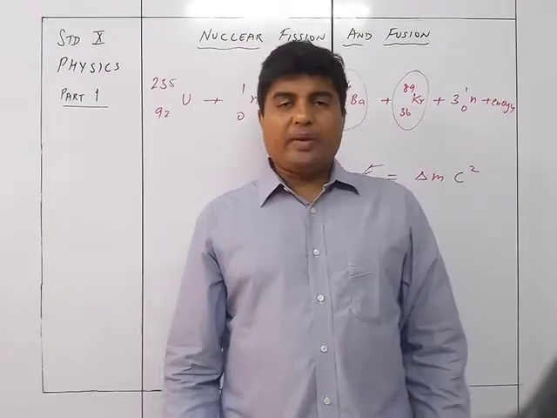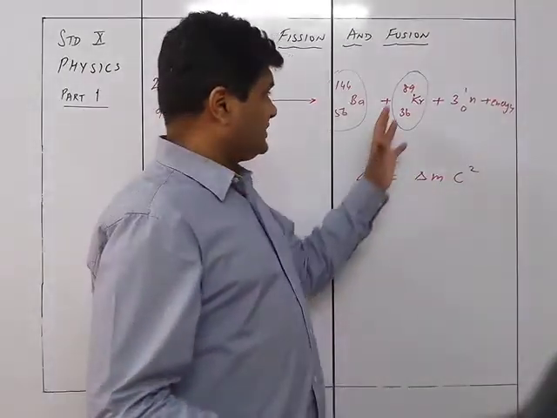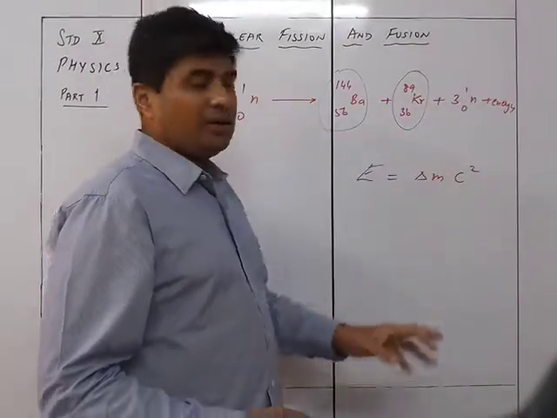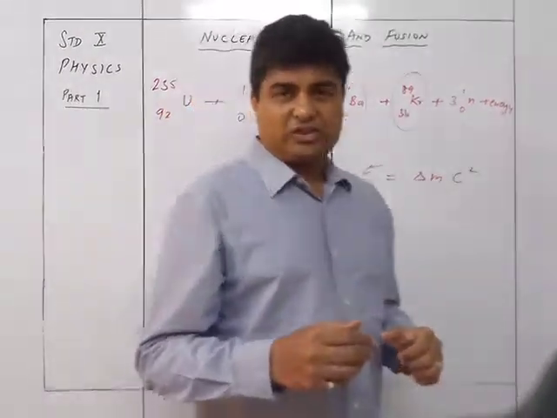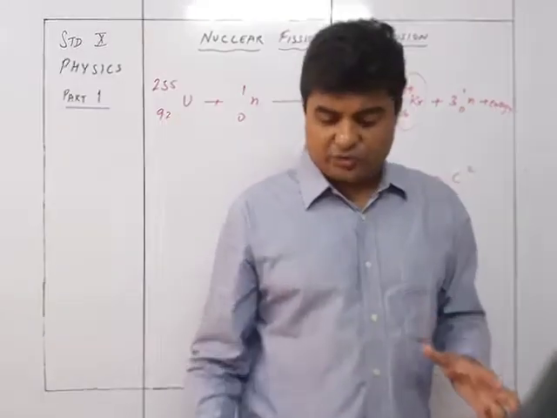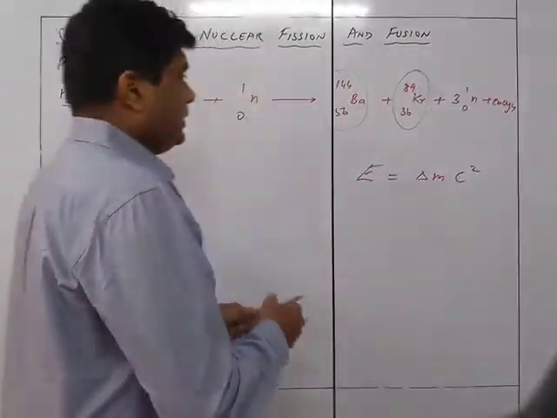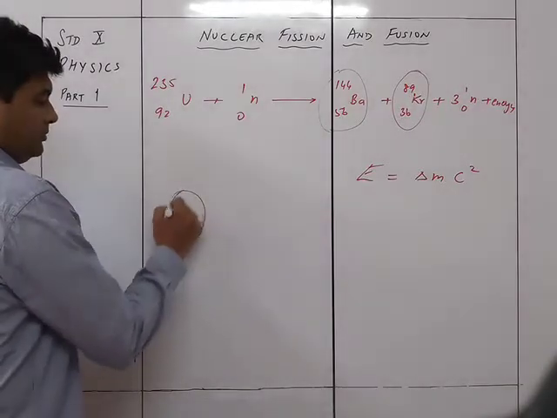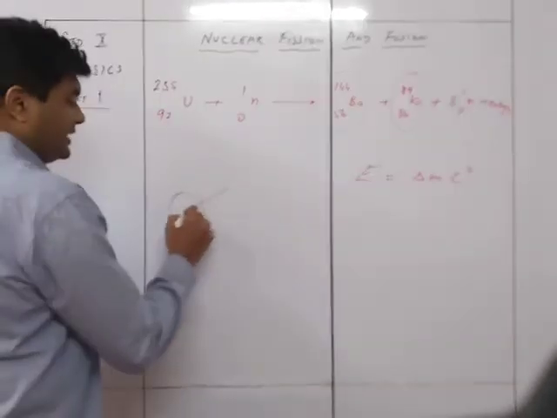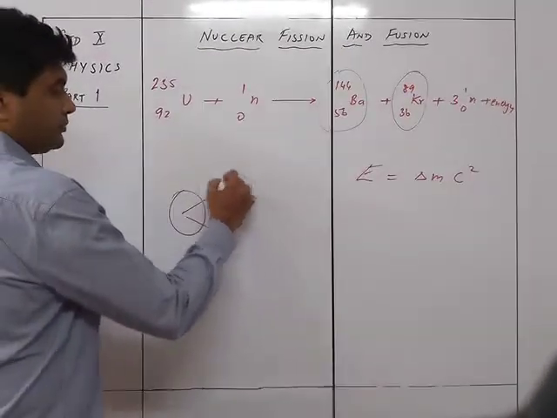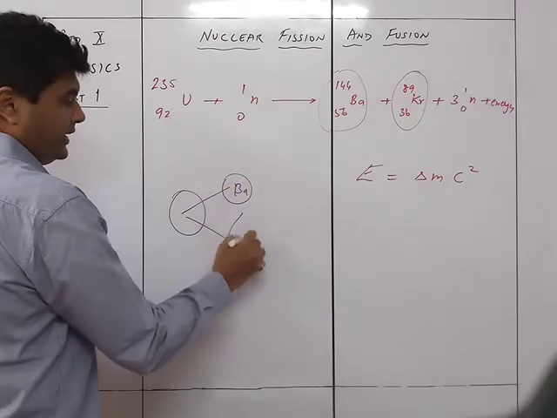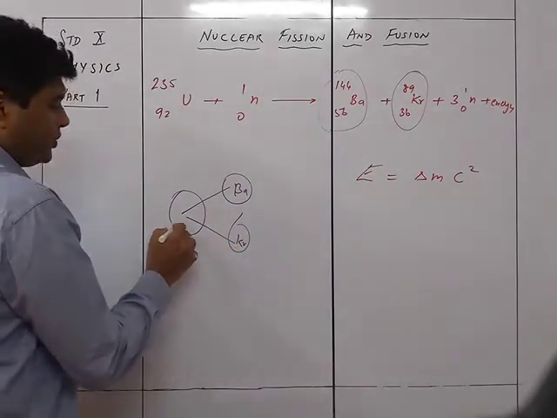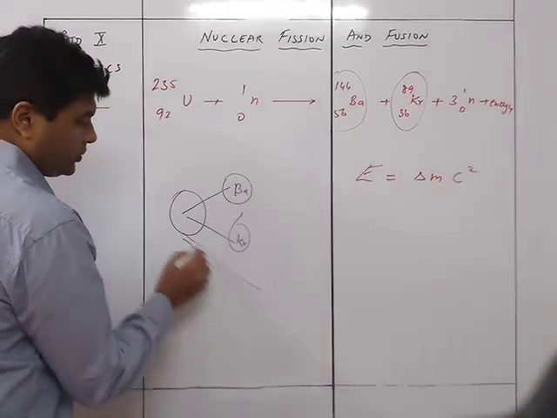Now we can see over here that this process is going to be a chain reaction. Why it's a chain reaction is because one uranium atom is going to split into two parts and become barium and krypton, and it is going to give rise to three neutrons.